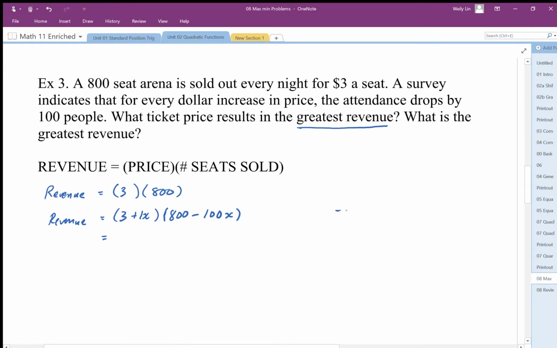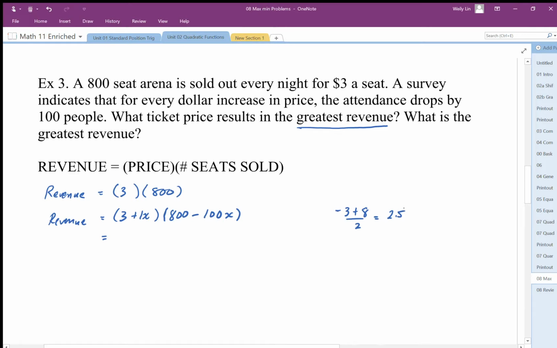So -3 plus 8 divided by 2 gives us 2.5 for x. So if we have a $2.50 increase, we're going to decrease by 250 people, and that will give us the vertex or the maximum here.